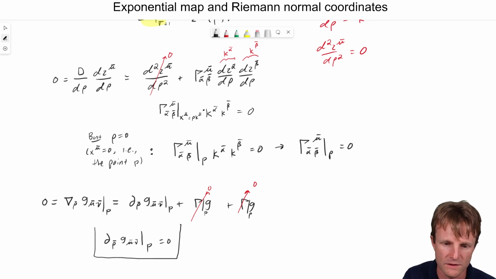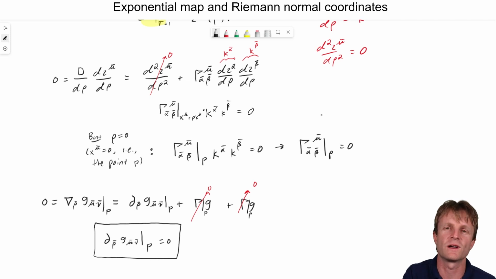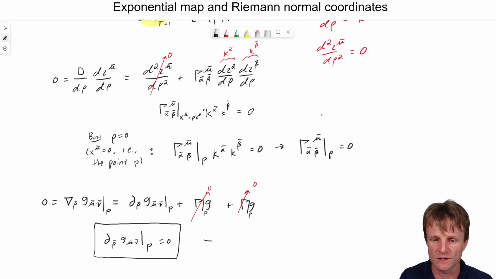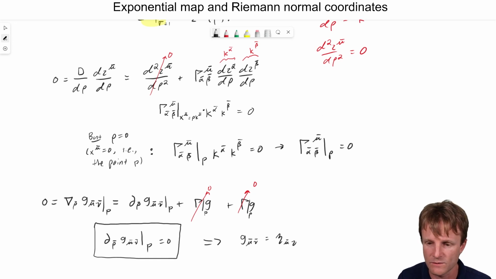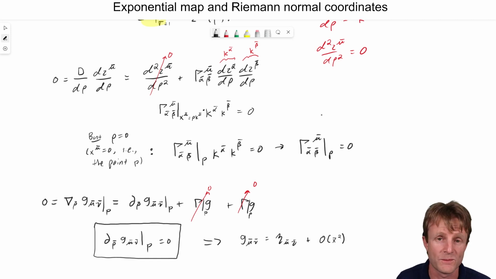All of the coordinate derivatives of the metric in Riemann normal coordinates vanish at the point P. And so indeed, by the Taylor series, we have the claim made at the beginning of the video that g mu bar nu bar, there exist coordinates, and we've constructed one example, the Riemann normal coordinates, where it's equal to eta plus not some order x term, but some order x bar squared term. And this expresses the equivalence principle as formulated by Einstein.